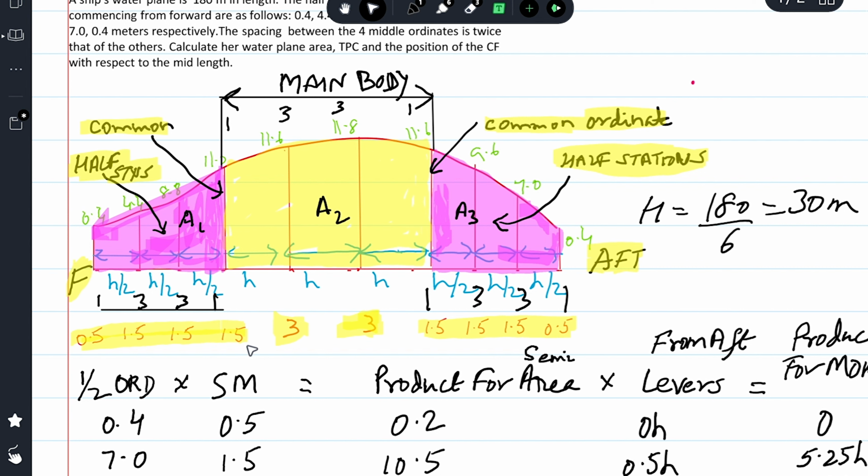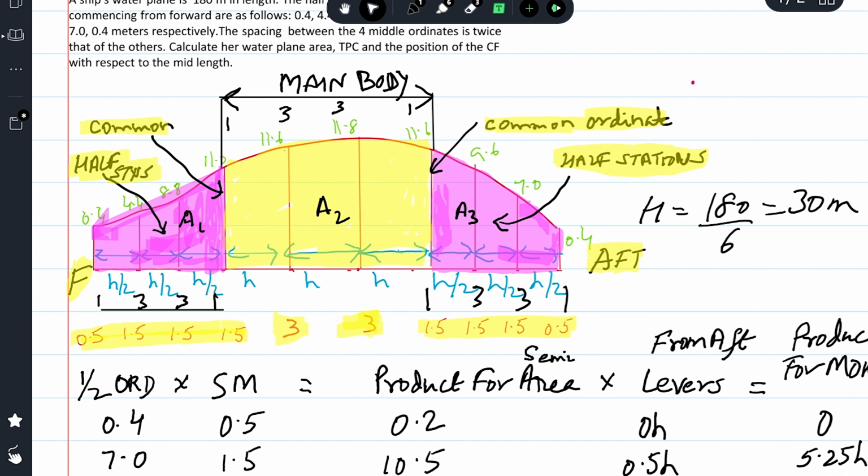Now I have entered the half station. All the multipliers will become half. 3 will become 1.5. Again, 3 will become 1.5. 1 will become 0.5. So I now have new multipliers considering the combination of all three areas.